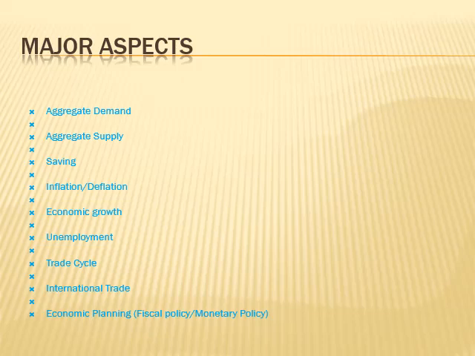Unemployment indicates the employees out of the labor market. International trade is about the movement of goods and services between countries, and also the system of payments included in this.